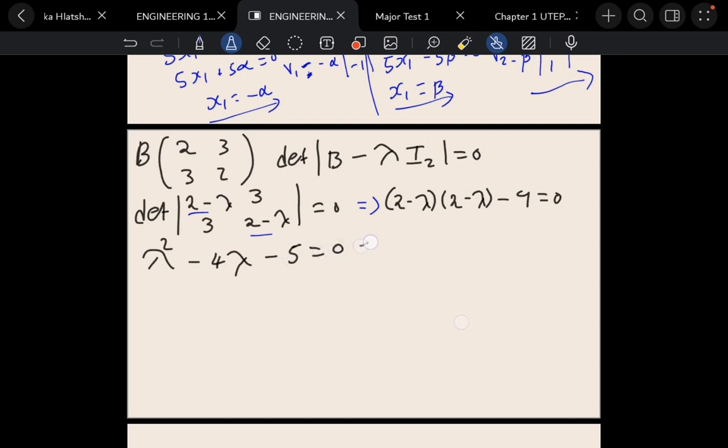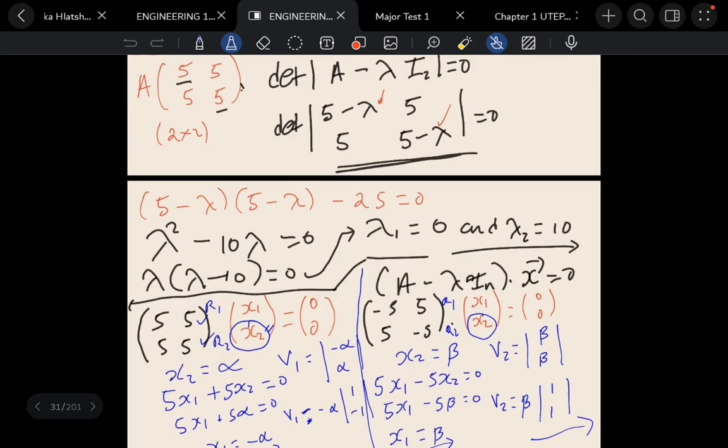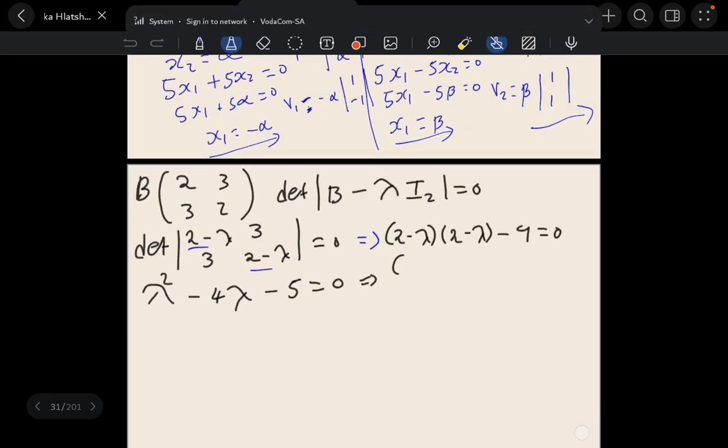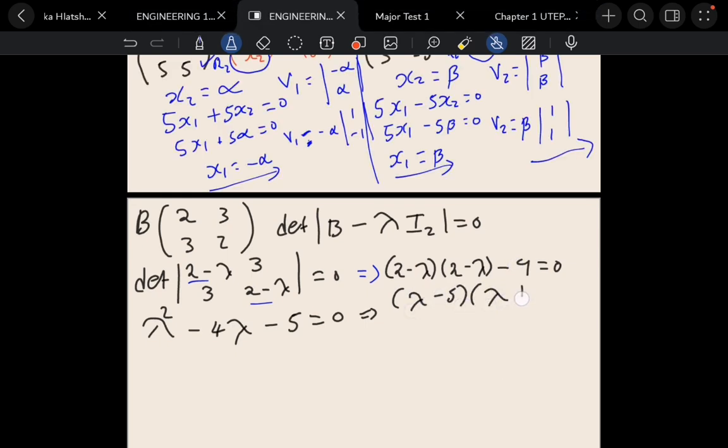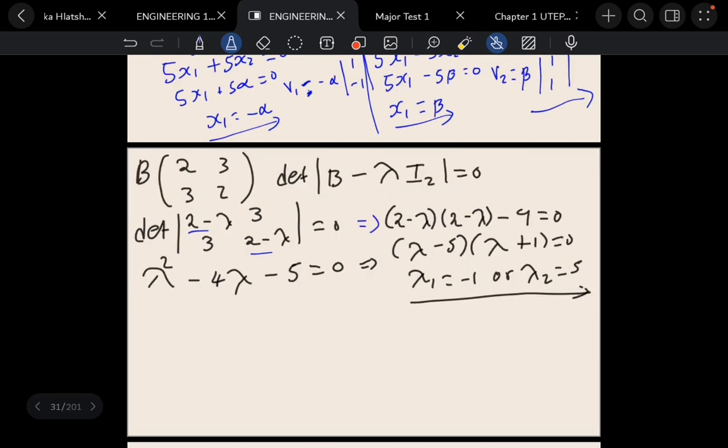And if you factorize this, I'm going to have lambda minus 5, lambda plus 1 is equal to 0. So lambda 1 is equal to -1, or lambda 2 is equal to 5. So these are the eigenvalues of this matrix.